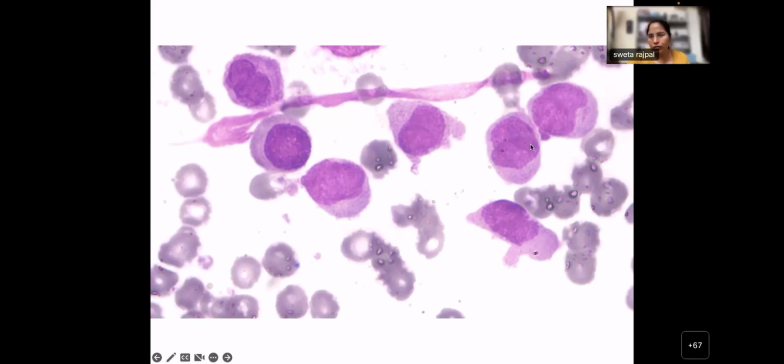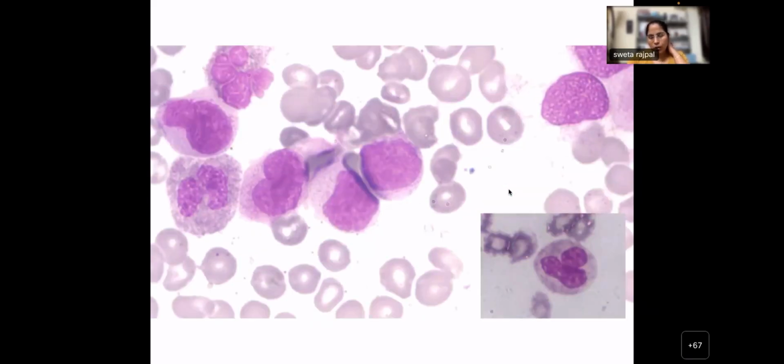Cleaving of nuclei and convolution in the nuclei. How would you like to define this cell? Lobated nuclei. Yes, so promonocyte-like appearance they are giving. So blasts and promonocytes are there.